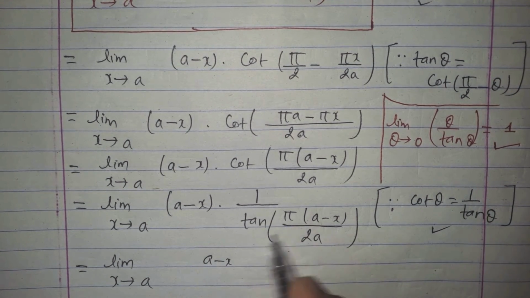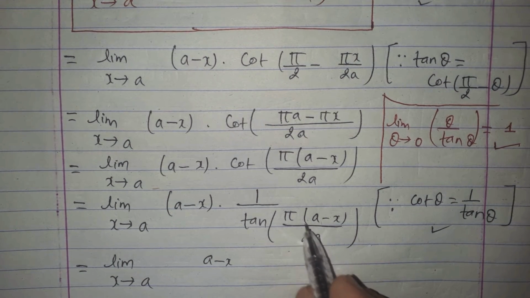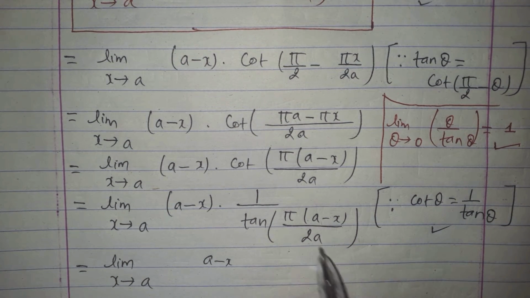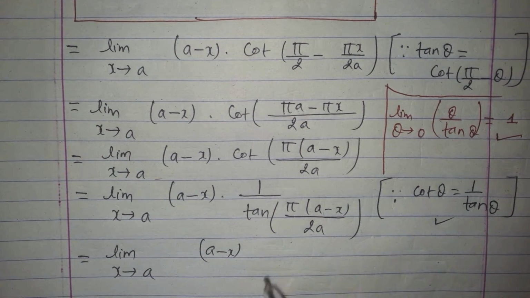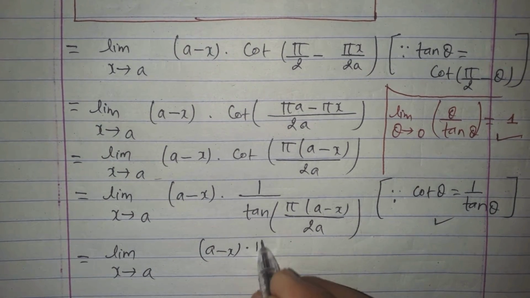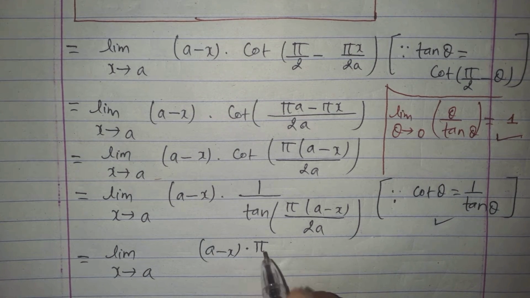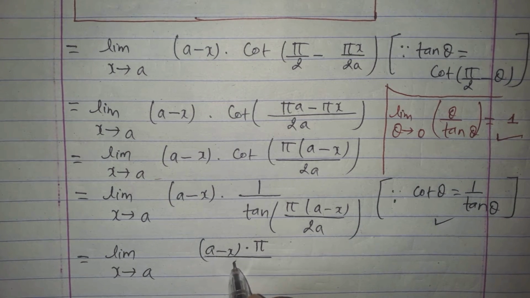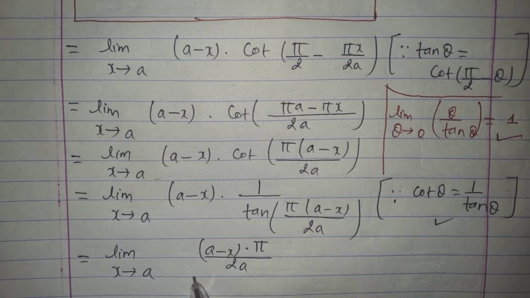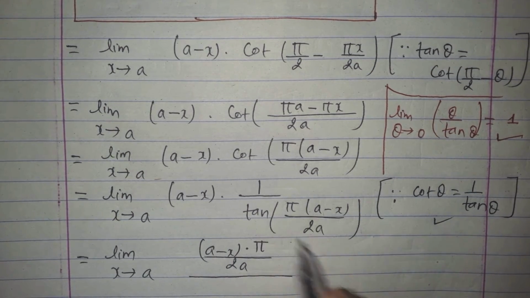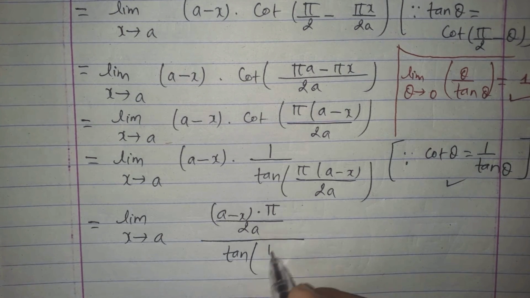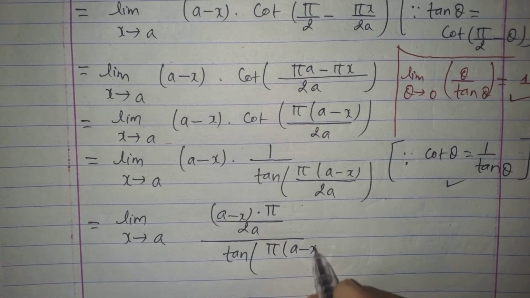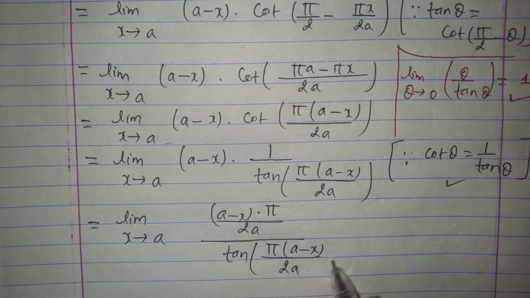inside the tangent function the angle is pi times a minus x over 2a. Here we already have the term a minus x, so we have to do extra things, multiplying by pi and dividing by 2a over this term, as it is, tan of pi times a minus x all over 2a.